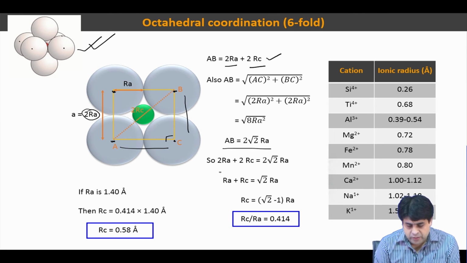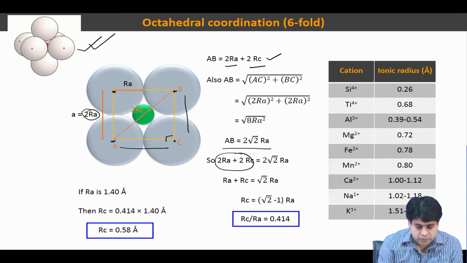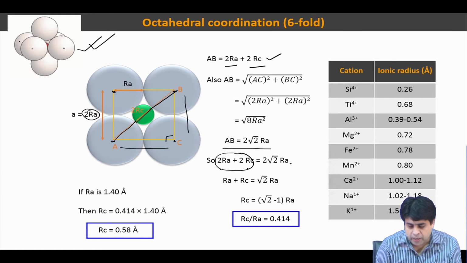From this diagram you can simplify. So, this distance is RA, this distance is RA, and this distance is 2RC. So, AB is also 2RA plus 2RC, and that is equal to 2 root 2 RA.